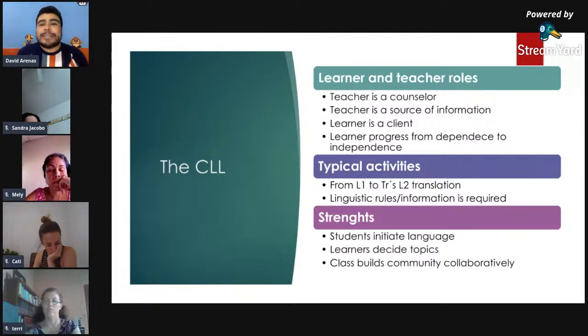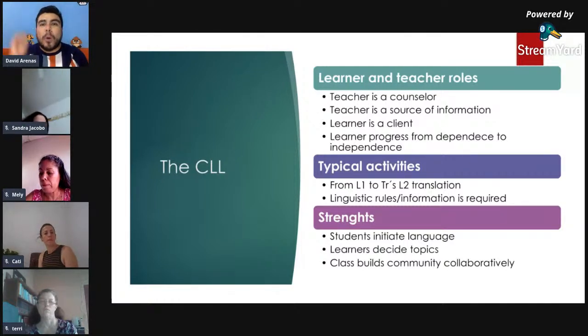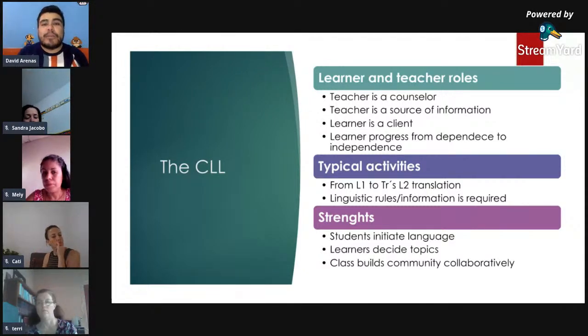They would work in teams, they would help each other, they would build the language according to the group's profiles, needs, and interests. And it was really important because we can recognize that this method was approaching real life communication. We had a community in the classroom, therefore we needed to be able to speak within this community.